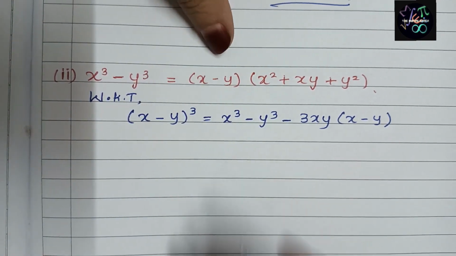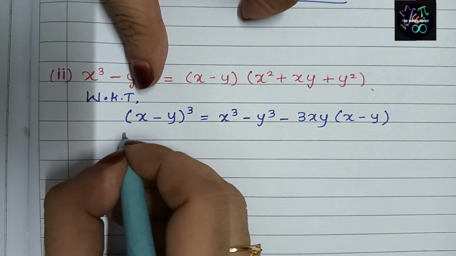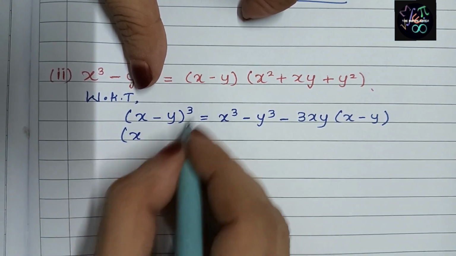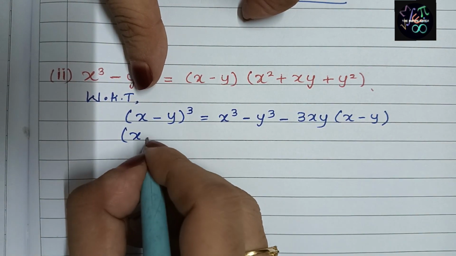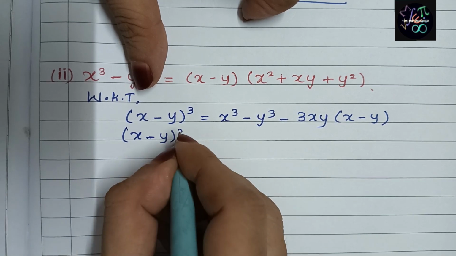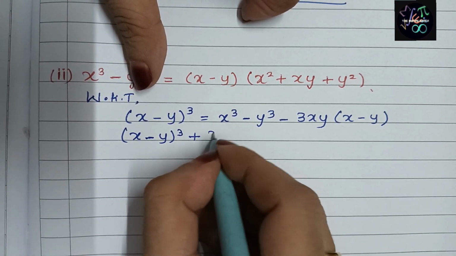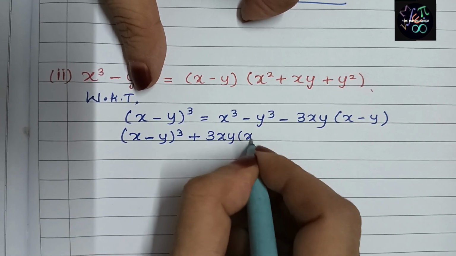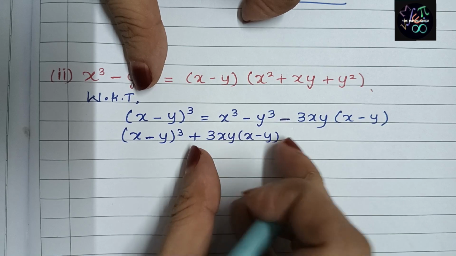Now I'll keep (x minus y) whole cube, and if I bring the other term here, it becomes plus 3xy(x minus y). Only the sign changes.